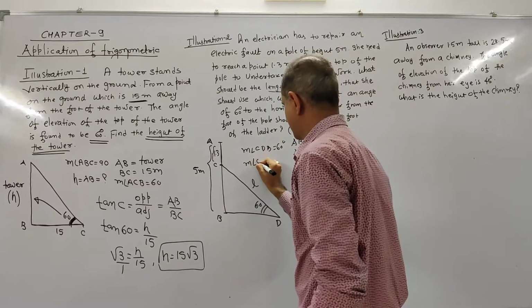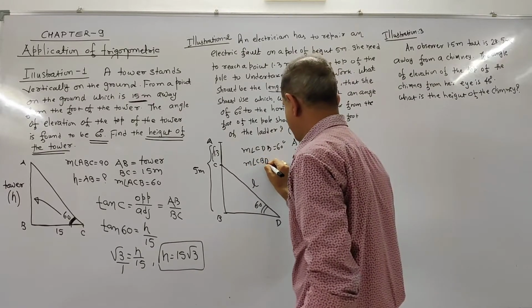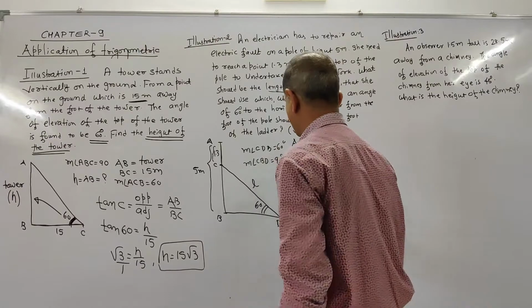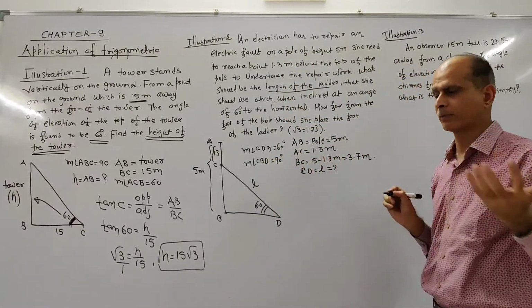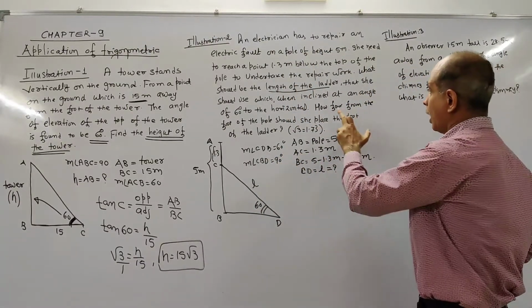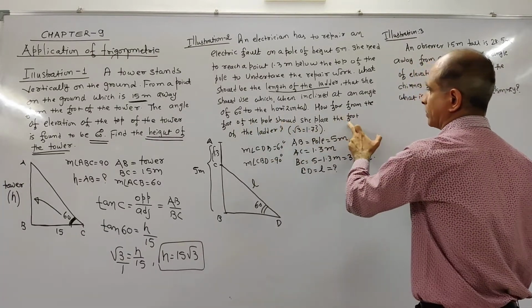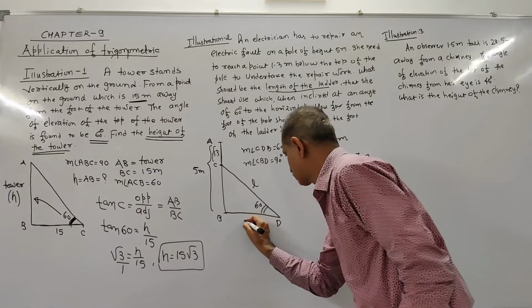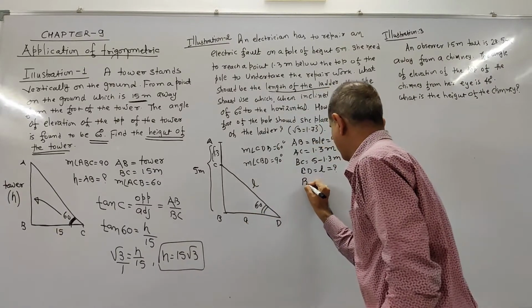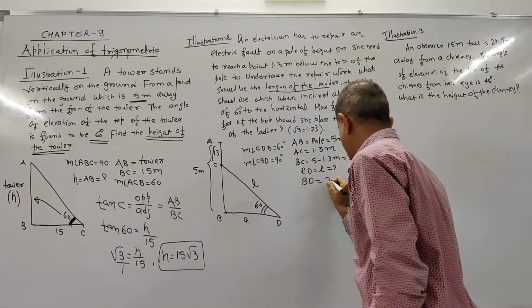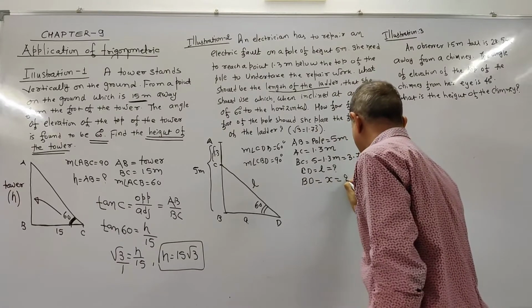Measure angle CBD is equal to 90 degrees. So you can use the formula of Chapter 8. How far from the foot of the pole should she place the foot of the ladder? So here also you have to find BD. So BD is equal to X is equal to question mark.